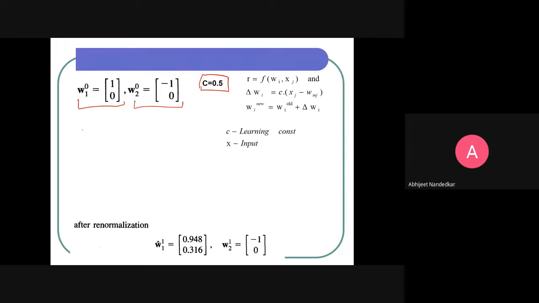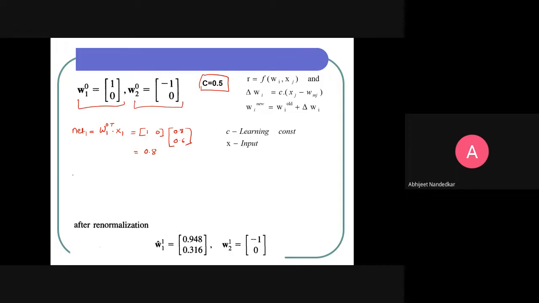So net 1 of your neuron is W10 transpose X1. So this will be 1 0 multiplied by 0.8, 0.6. Okay, so this will be just 0.8.